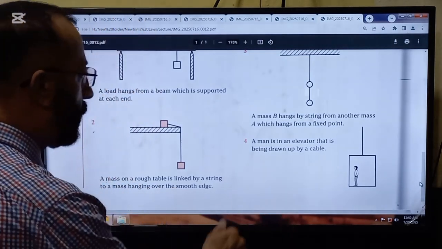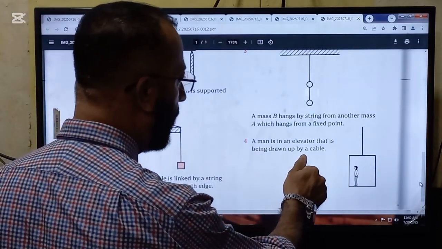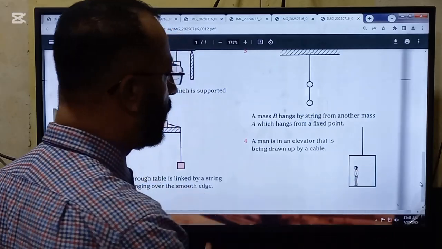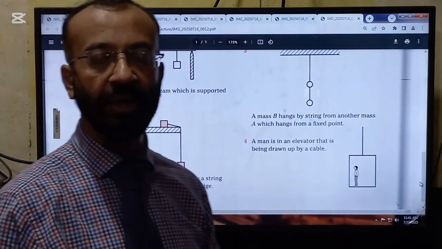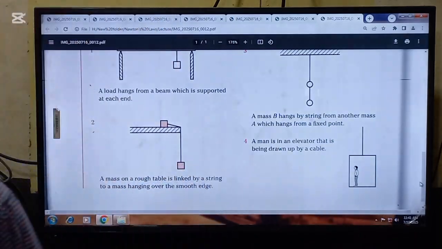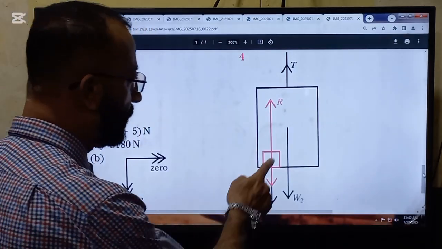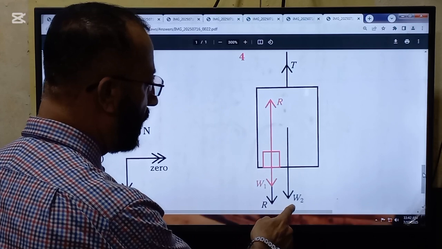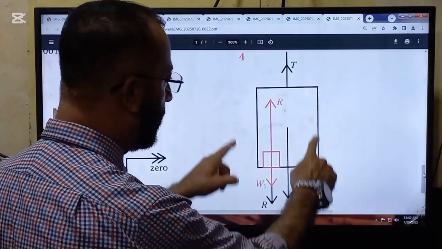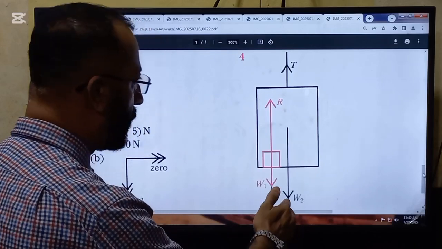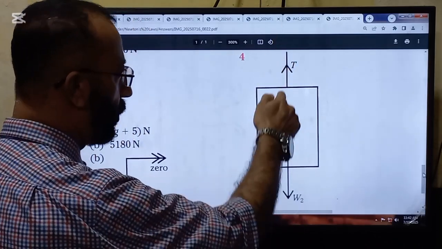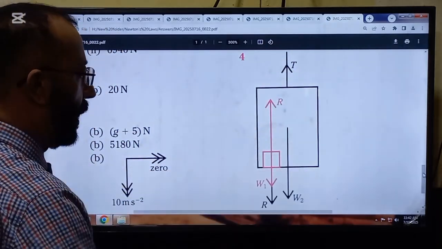Here is question number 4. A man is in an elevator that is being drawn up by a cable. So this is the figure, and again the same requirement is there: draw all the forces that are acting on each body. And here are all the forces. The weight W2 of the elevator, the full weight of the container, will act downward, and there will be a tension in the upward direction in the rope that is pulling the elevator up.